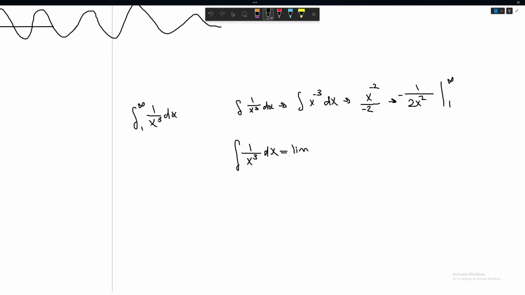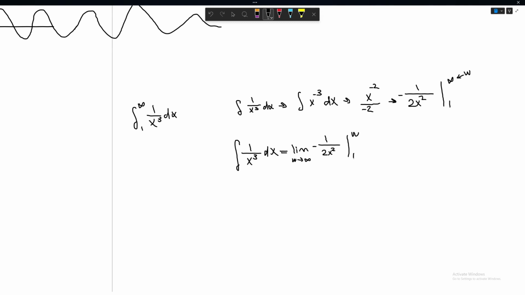In the lecture, I believe they've been using w, so let's use w. So as w goes to infinity, of my negative 1 over 2x squared from 1 to w.